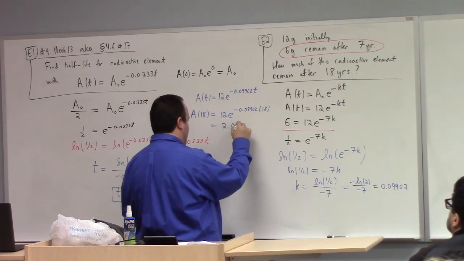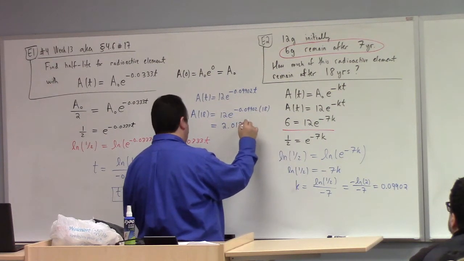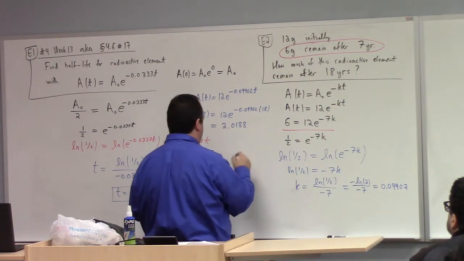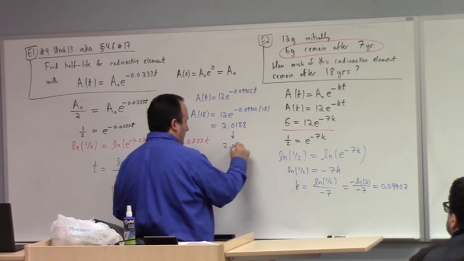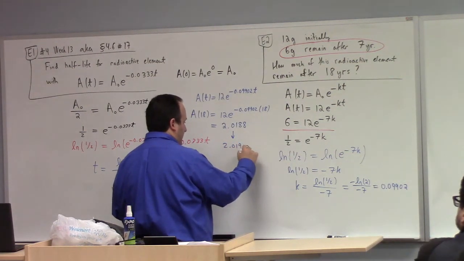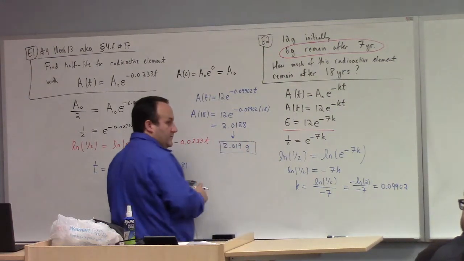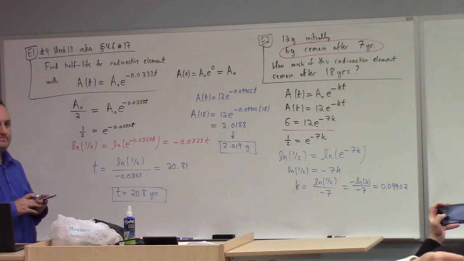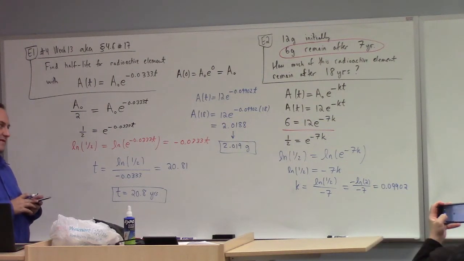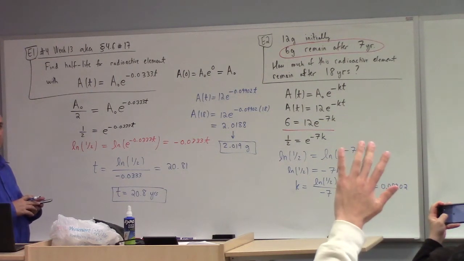It actually says to keep 7 decimals throughout the calculation in the instructions, which I have not been quite following. Anyway, 2.019 grams is the answer, which is where I predicted it would be, somewhere between 3 and 1.5. But to actually find the exact amount, we have to do the math, and that's just what it is.